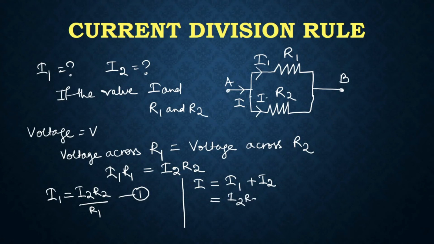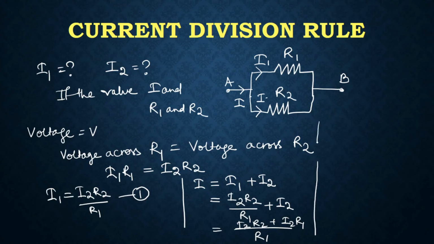I get I equals I2 R2 divided by R1 plus I2. Now if I take LCM R1, it will be I2 R2 plus I2 R1, all divided by R1.